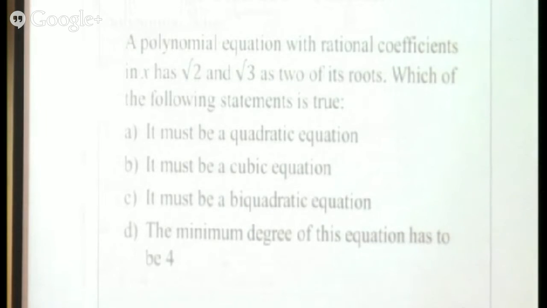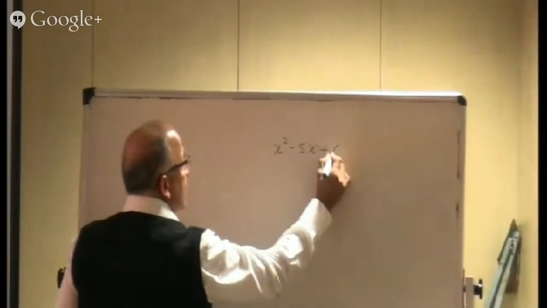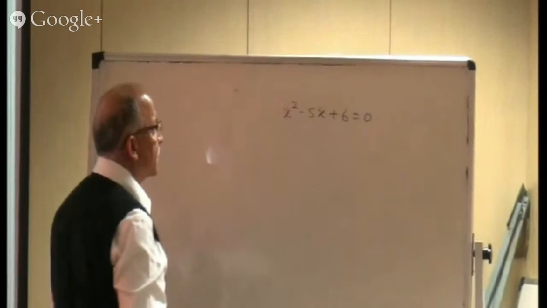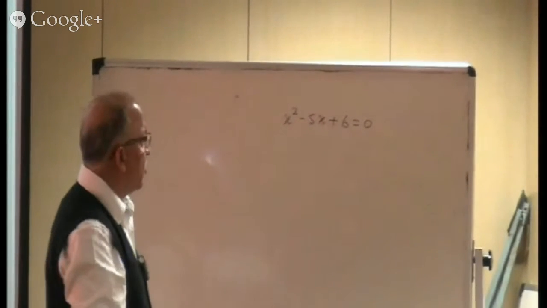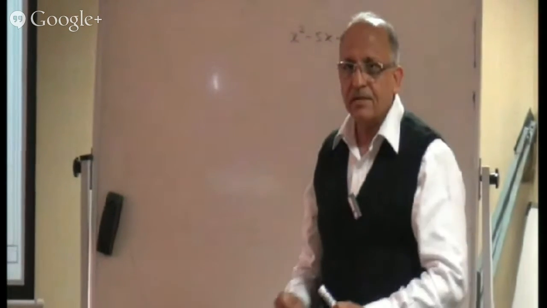So the equation you have has got rational coefficients. That means a and b and c are rational numbers. Now, you know that when you are given an equation like x square minus 5x plus 6 equal to 0, you can find out its roots.